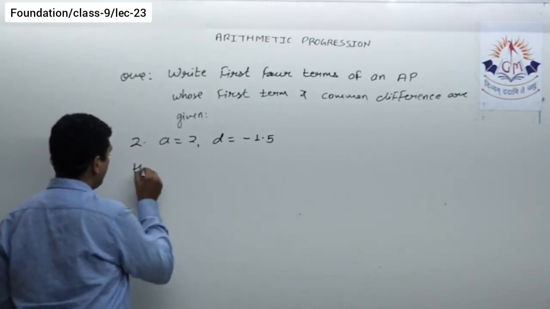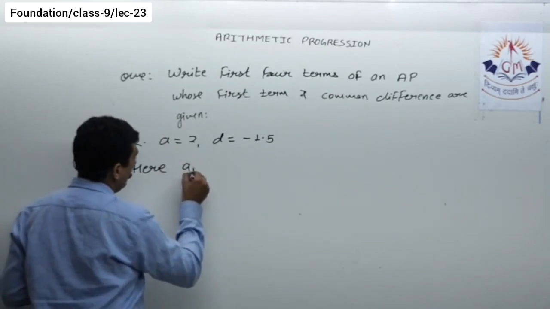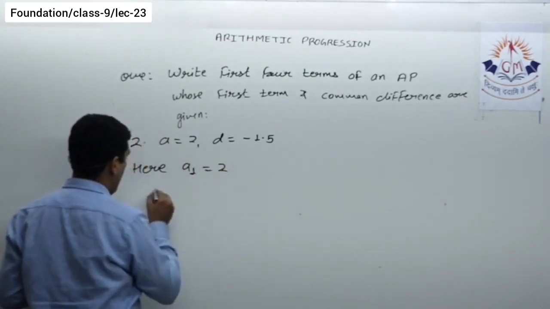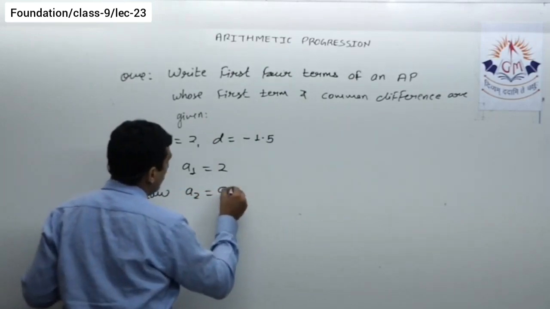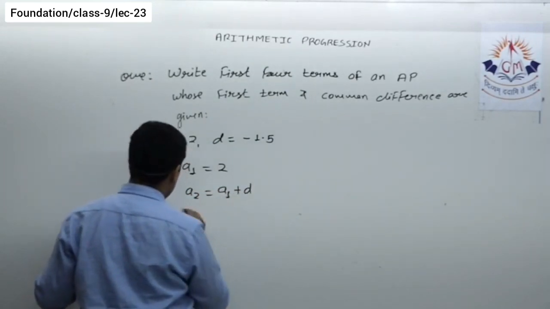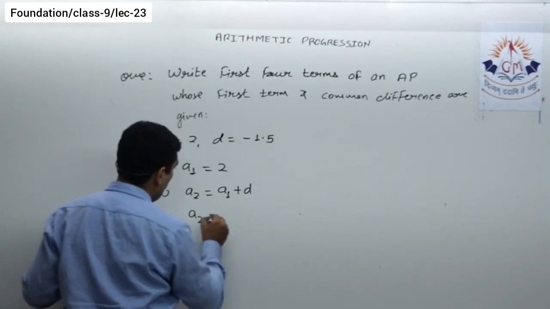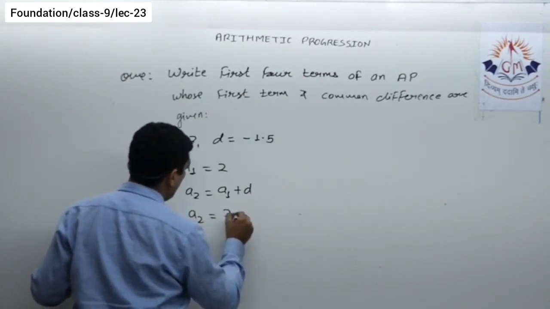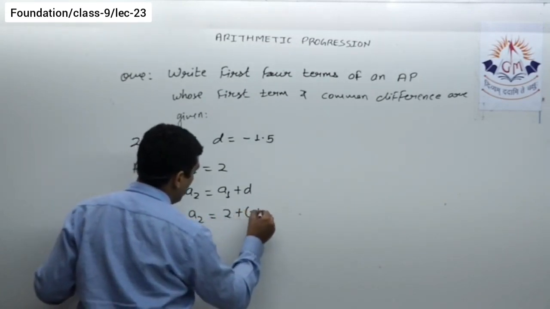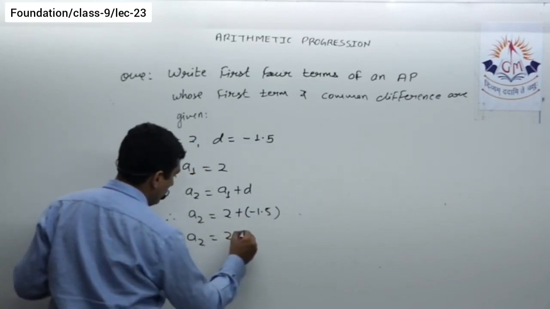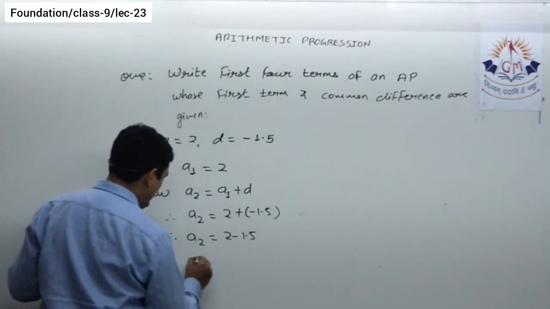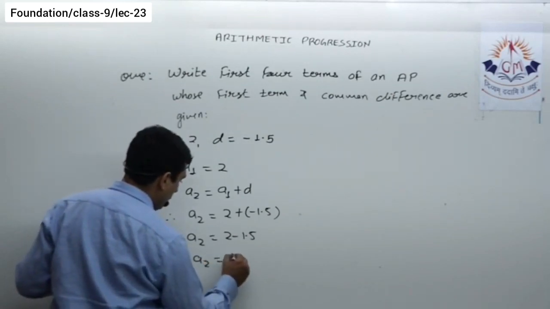Here a1 is equal to 2. Now a2 is equal to a1 plus d, therefore a2 is equal to 2 plus minus 1.5, therefore a2 equal to 2 minus 1.5, therefore a2 equal to 0.5.